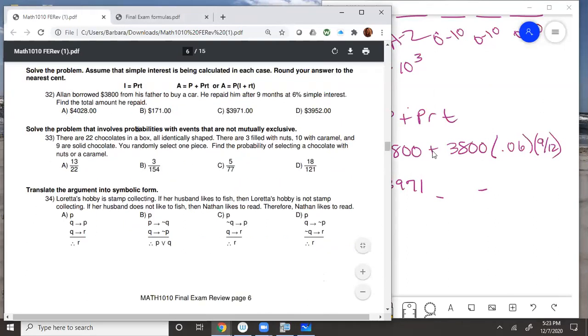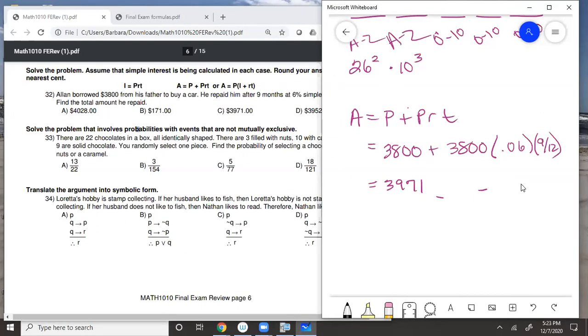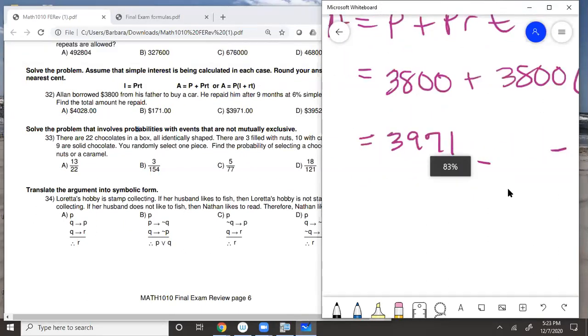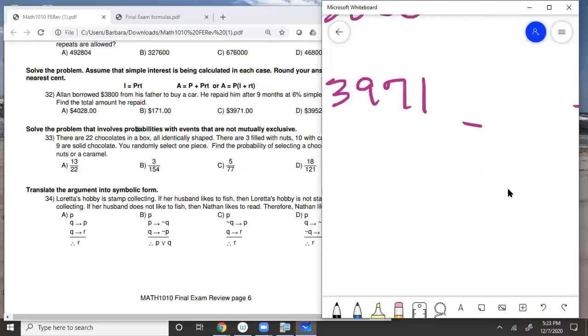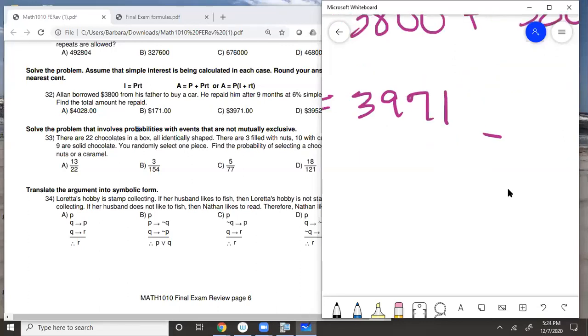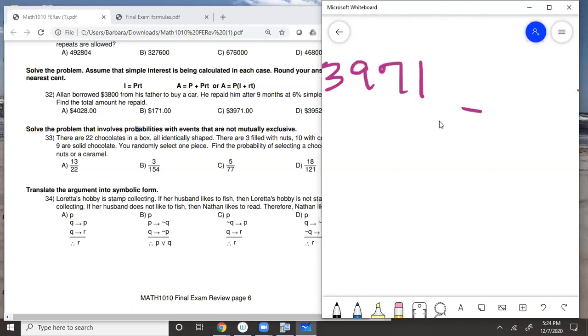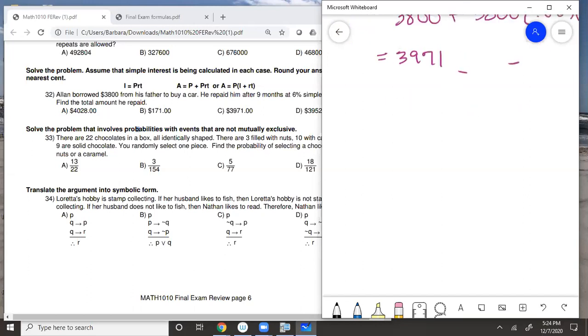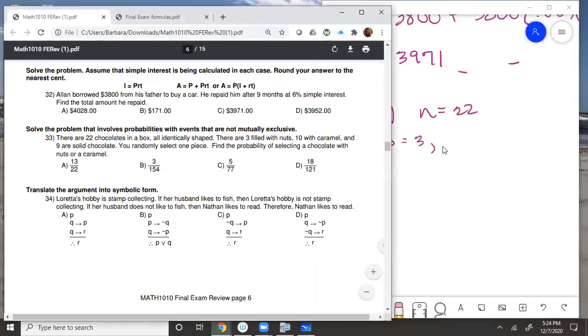So in number 33, we have 22 chocolates. I wouldn't mind having 22 chocolates. So N is 22. We have 3 filled with nuts and caramel.